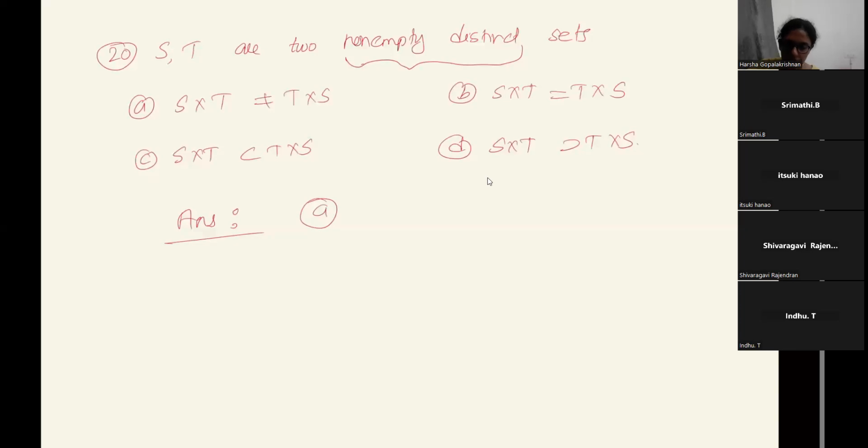When the sets are empty or not distinct, go through all the other cases and verify whether it is correct or not. So in this case, A is the correct answer. Does anyone want the explanation of why B, C, D are wrong with some examples?